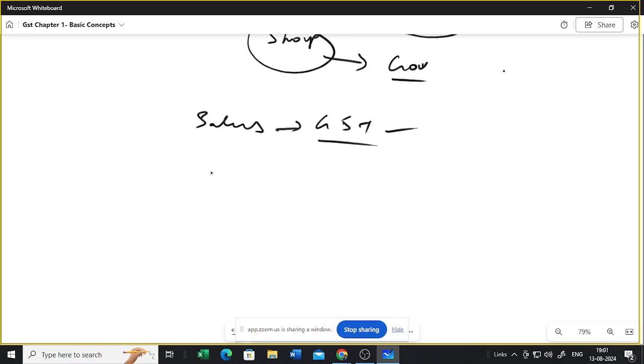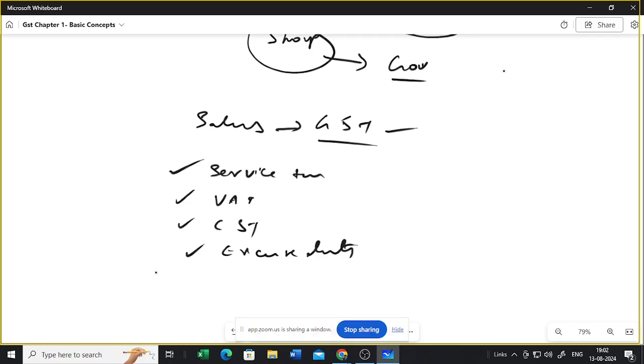We need to study service tax, VAT, which means value added tax, and CST, which means Central Sales Tax. We need to study excise duty.